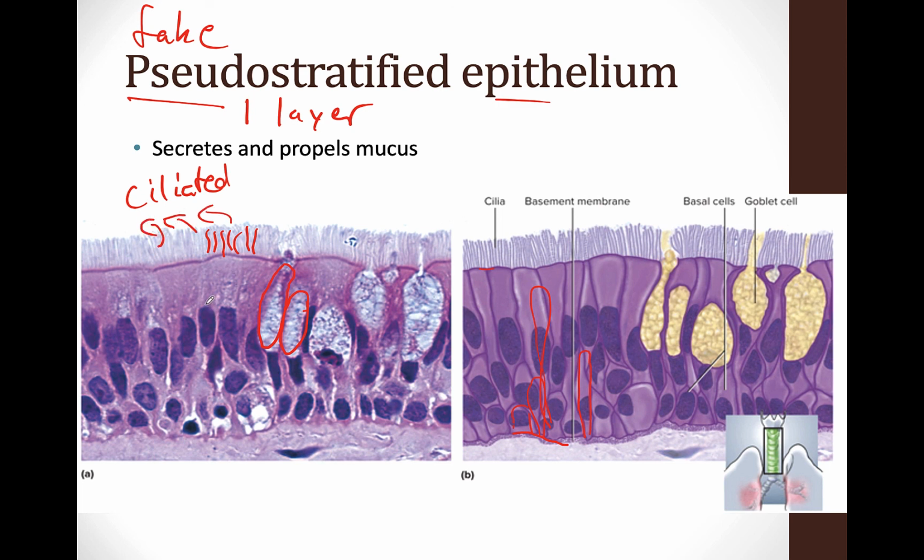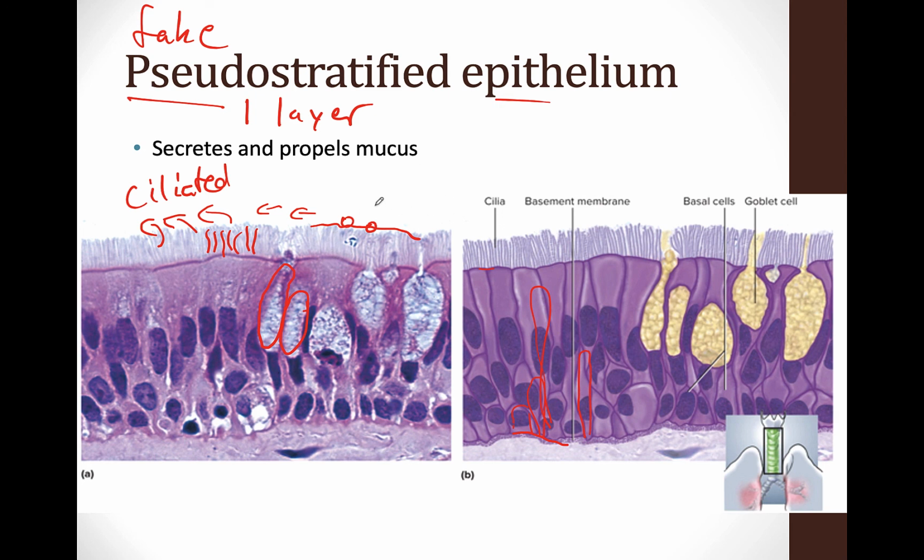So you have ciliated pseudostratified columnar epithelium in your respiratory system, so from your nose all the way to your bronchi. And one of the things they do is they have this mucus layer here, and they trap little dust particles, and that helps catch them before they get to your lungs. And then you can move them up to your throat and actually swallow them to the digestive system to help kind of clear dirt out of the lung.